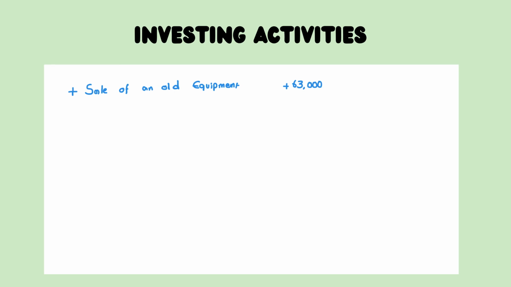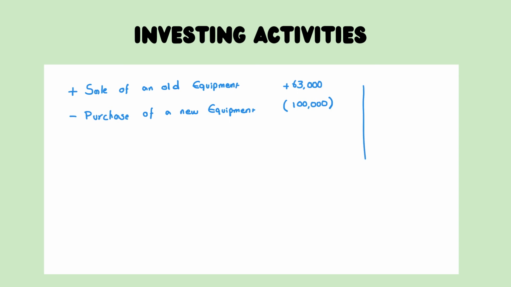And he said new equipment was purchased for 100,000. So we have a purchase of new equipment at 100,000. I paid cash, so my cash will decrease.